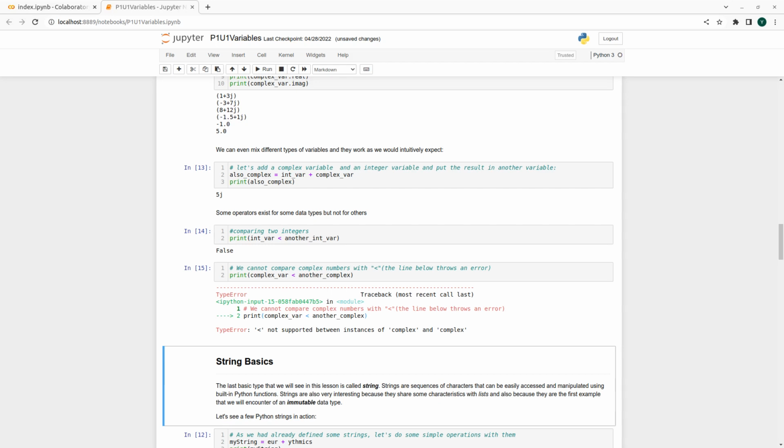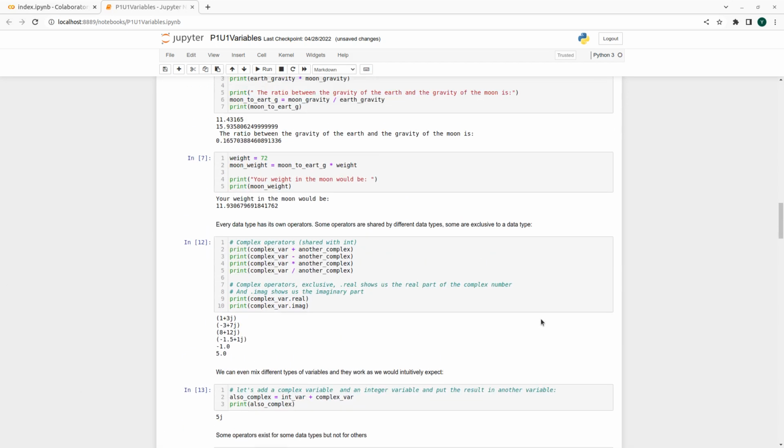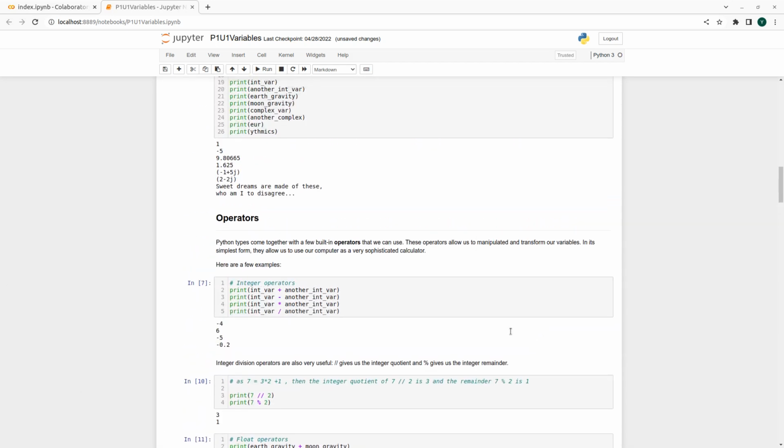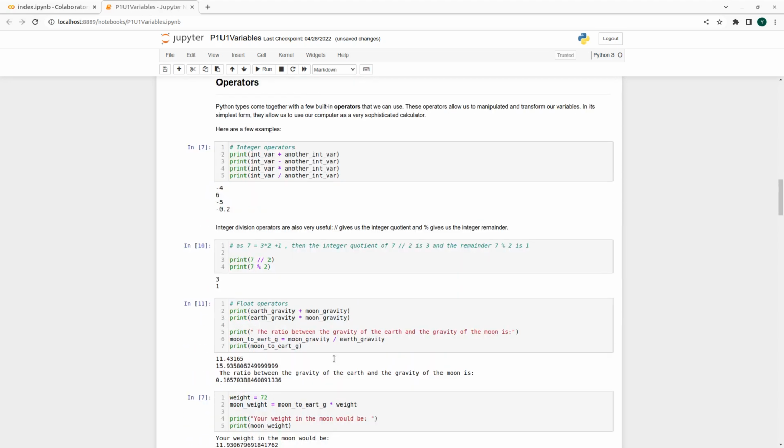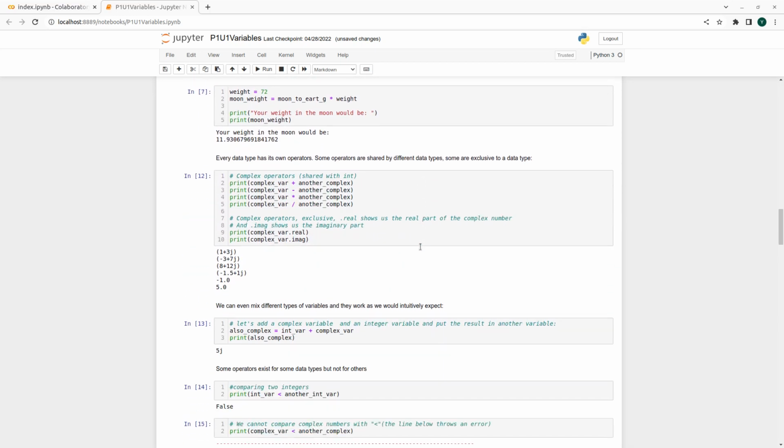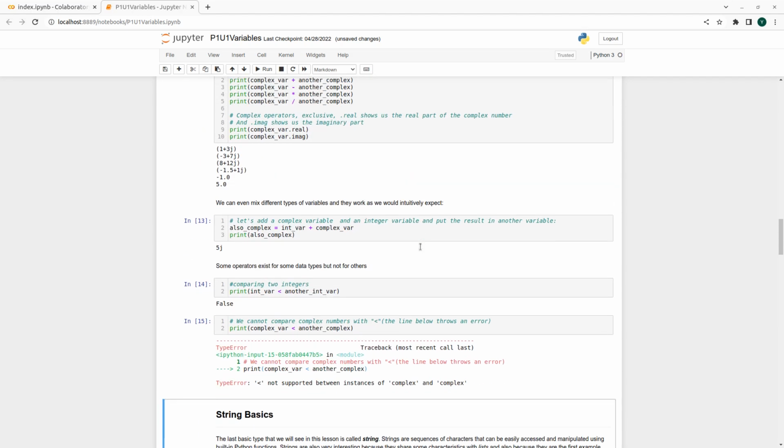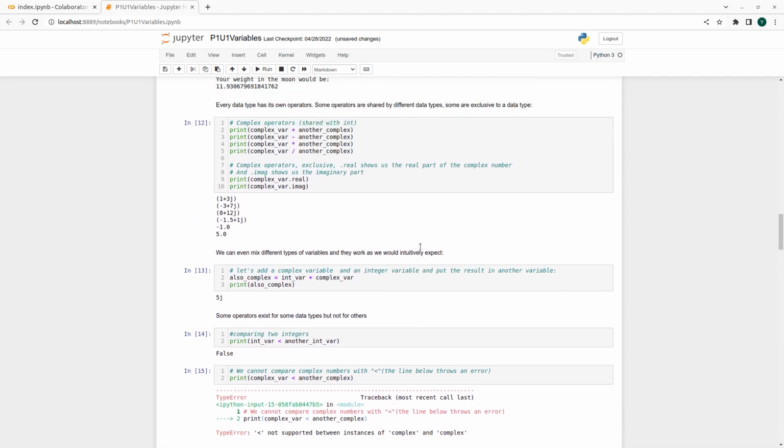So we have seen that for every data type I can use operators to modify and combine my data in the usual ways. I have, for example, arithmetic operators. We will see other operators of other types later. I have to be a little bit careful in what I'm doing.